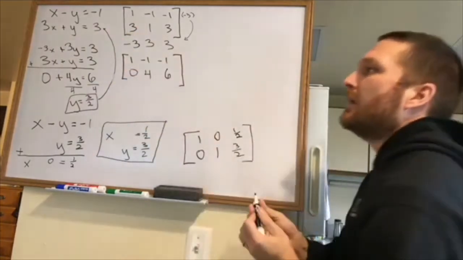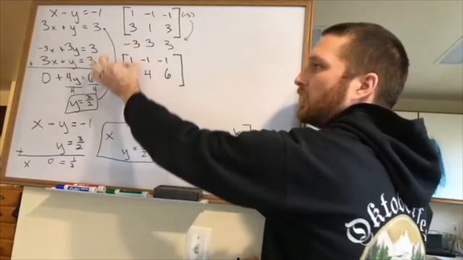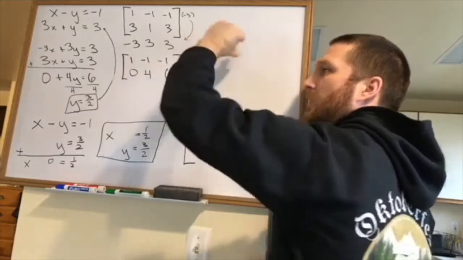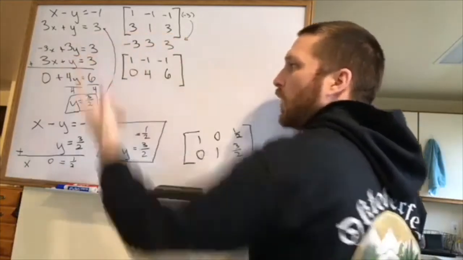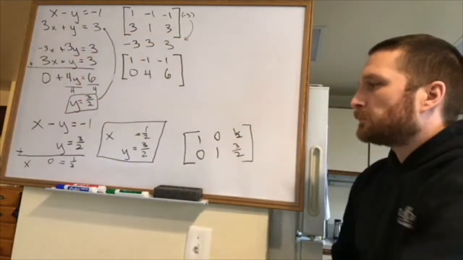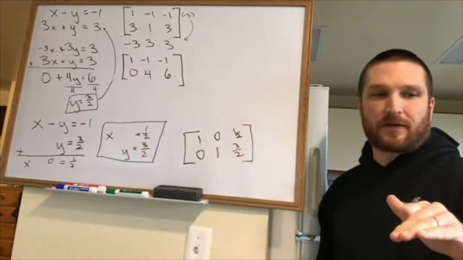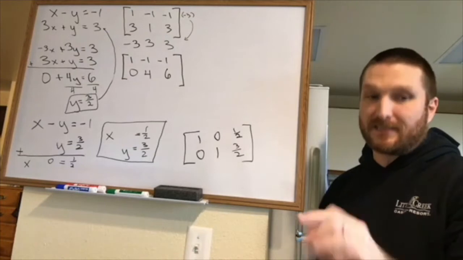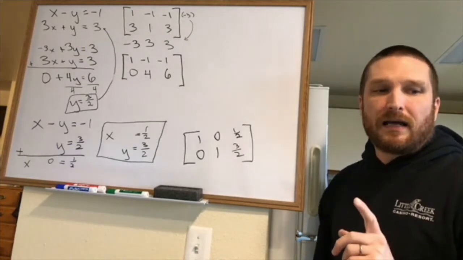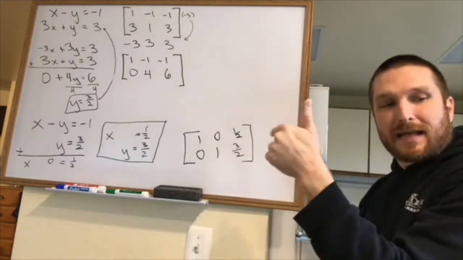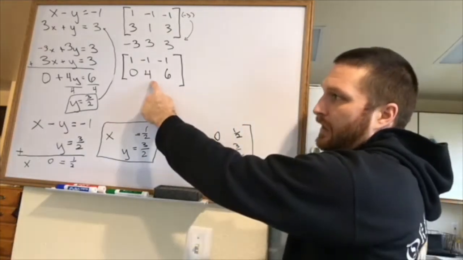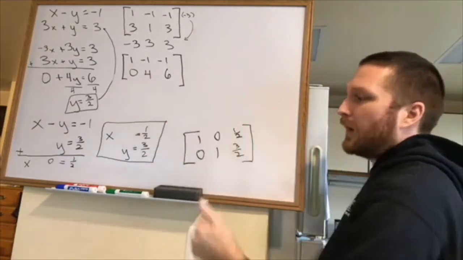And by the way, the vertical entries are called columns, and the horizontal entries are called rows. So this first column is good. We are done with the first column. We're not going to come back to it. It's done. Now that I've gotten down to the bottom here, I'm going to start working my way back up.